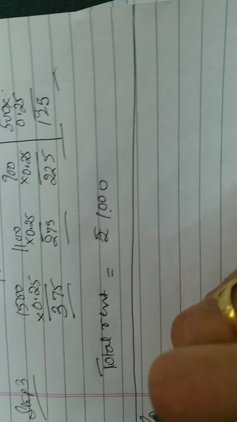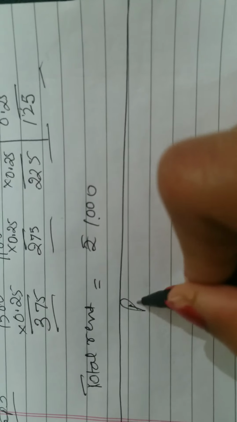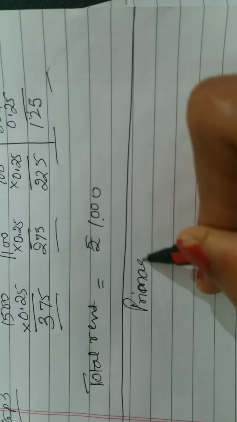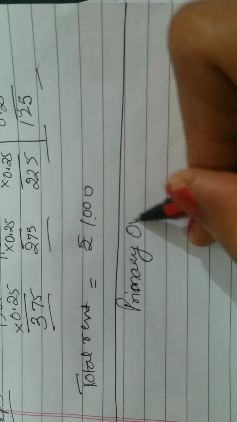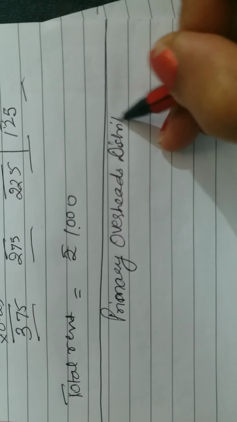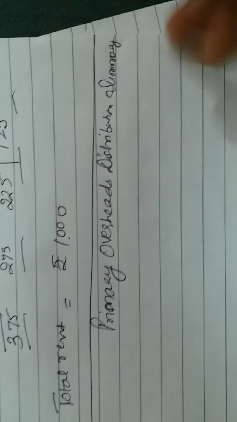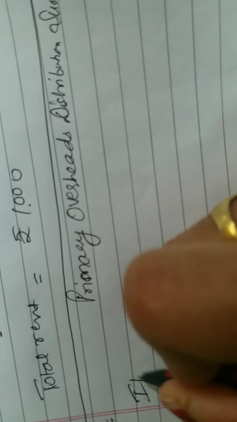So how the things are to be solved and shown, we will be writing down the primary overheads distribution summary. I am preparing this. This is the first step. And here we will be writing item, the item of expense which we have to apportion.